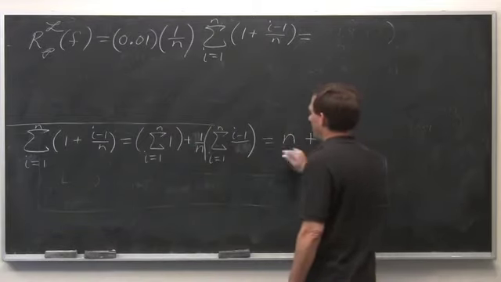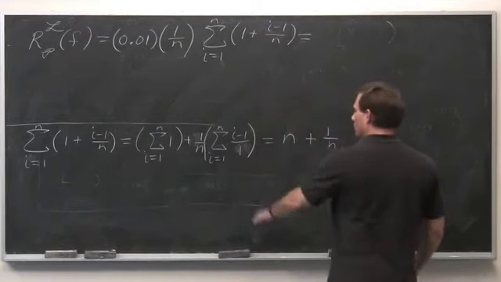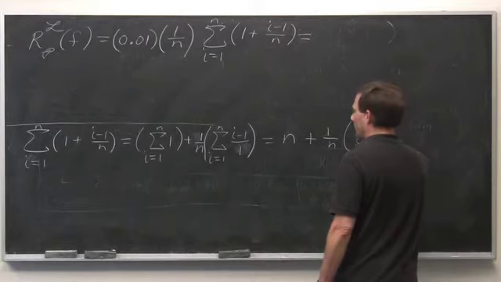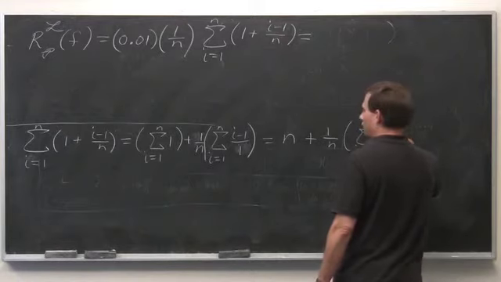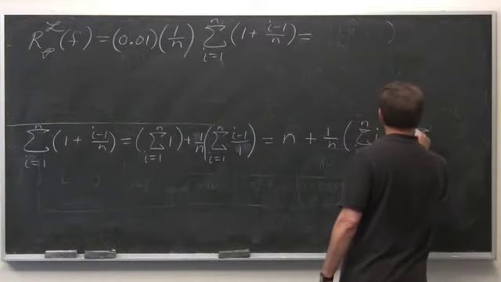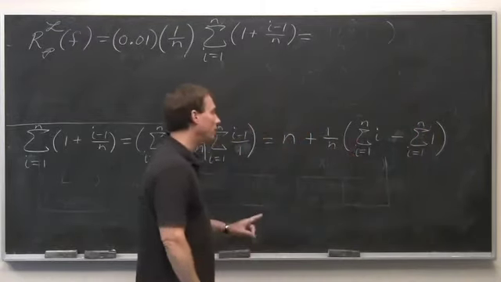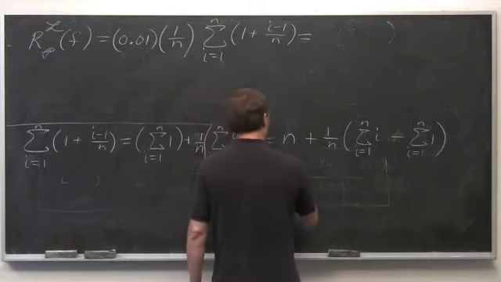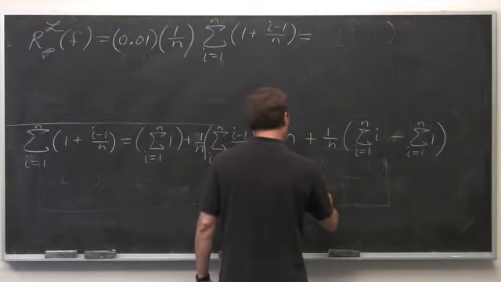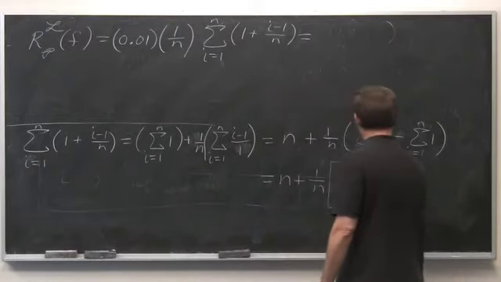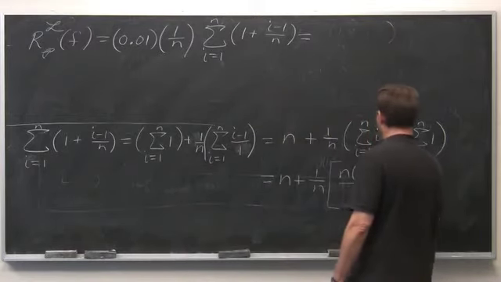Plus, you get a 1 over n times, well, you can split up that sum. This is the sum as i goes from 1 to n of i minus the sum as i goes from 1 to n of 1. Well, again, this part is n. This part we had a formula for in the last section. So we get n plus 1 over n, and the formula we developed for this is n times (n plus 1) over 2.